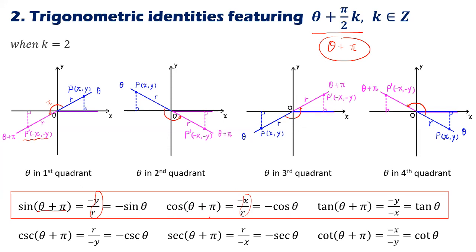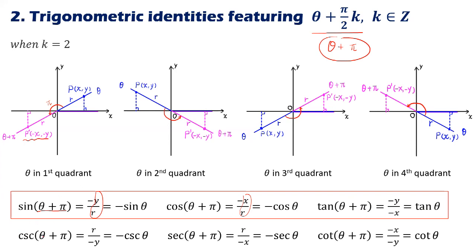So cosine of theta plus pi is minus cosine theta. And similarly, tangent of theta plus pi is the y coordinate minus y over the x coordinate minus x, which is tangent theta. Understand? Okay, so these are for the primary trigonometric ratios.